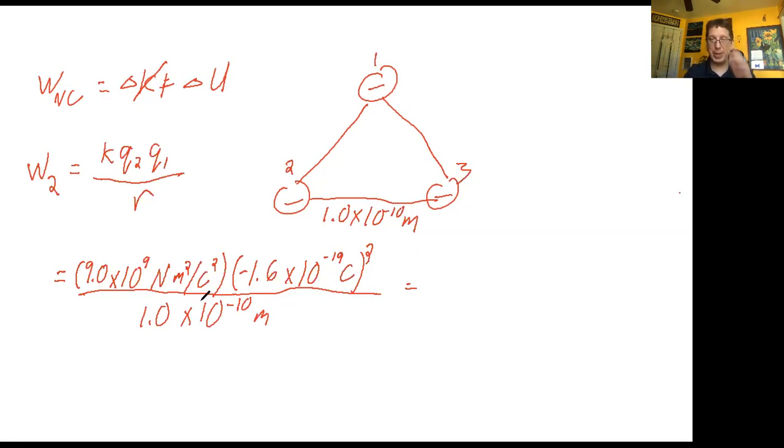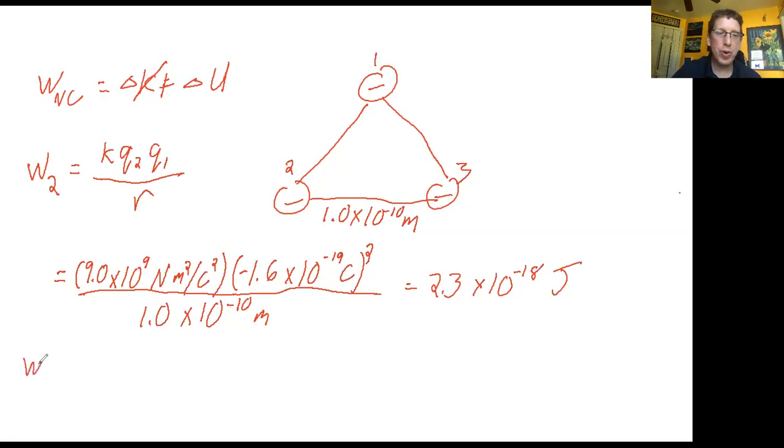When you're talking about potential or potential energy, you're dividing by R, not by R squared. So 9 times 10 to the 9, and so that gives 2.3 times 10 to the negative 18 joules.